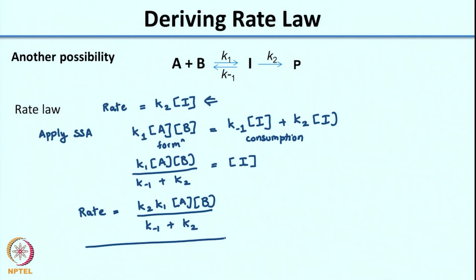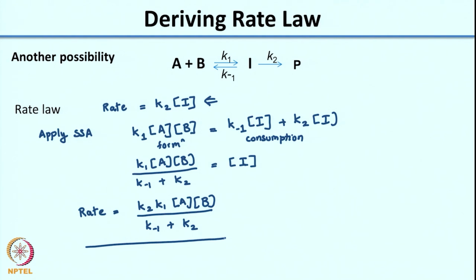So, this would be the rate law for this complex reaction. So, as you see, there is a slight change in the equation depending on the pathway of the reaction. So, here you see the rate law is slightly different from what we had seen in the earlier case, which is again different from the elementary reaction.